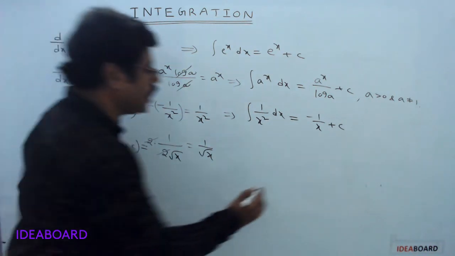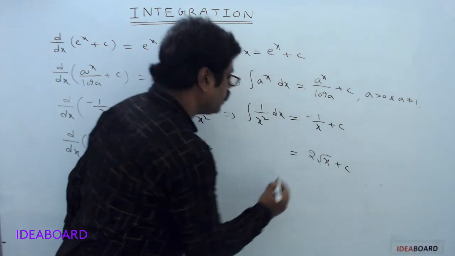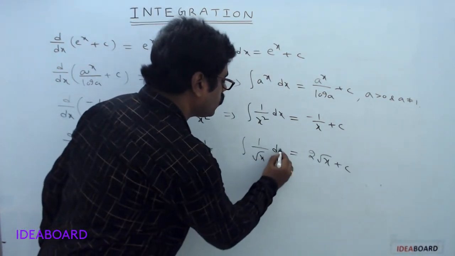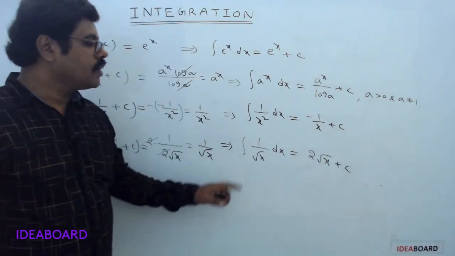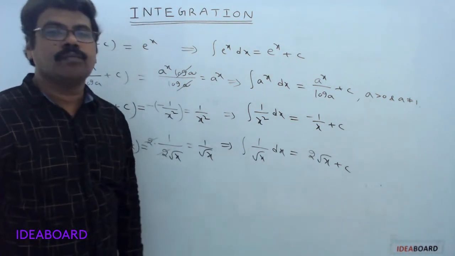It can be written as 2 root x plus c equals to integral 1 by root x dx. So what is the formula? Integral 1 by root x dx equals to 2 root x plus c.